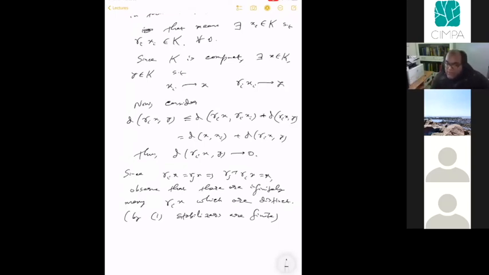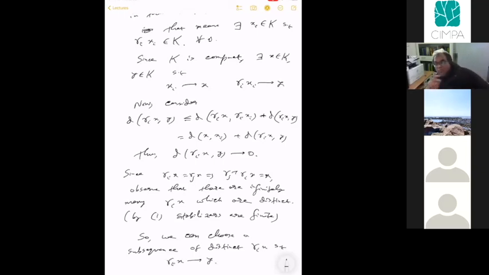So that means we can choose a subsequence of distinct gamma i x such that gamma i x tends to y.